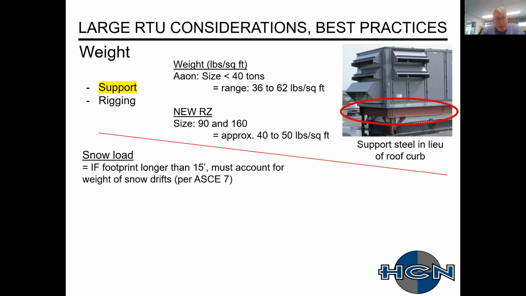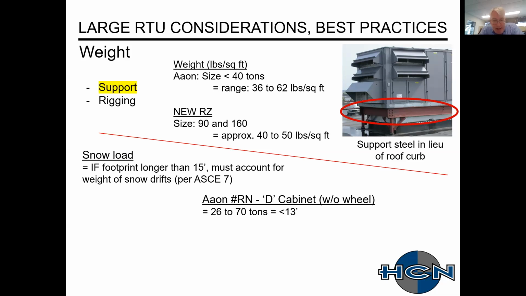From a support perspective, over the years I have found that if you have a rooftop unit that's longer than 15 feet in either direction, you must account for the weight of snow drifts. This is a requirement per ASCE 7. So there's a threshold for a rooftop unit: if you're above 15 feet, you have to beef up your structural steel versus below that.